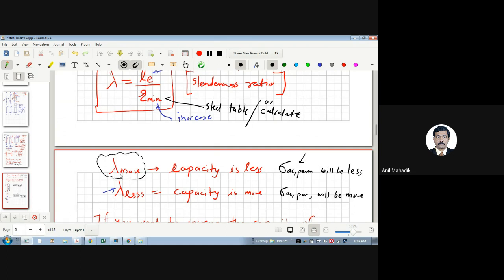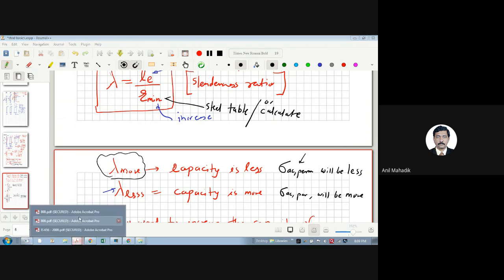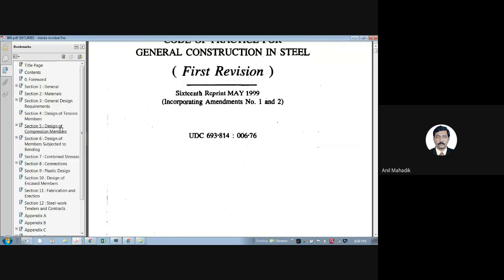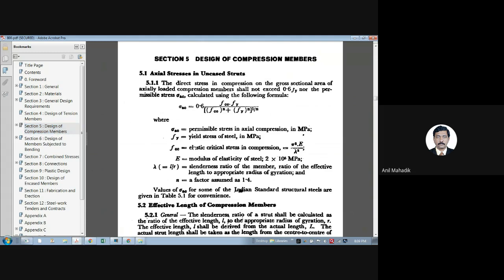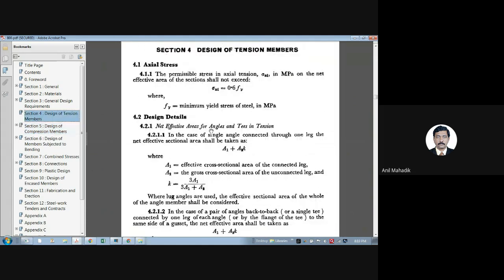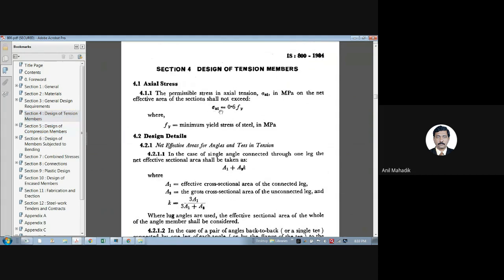So you might have seen our IS code, IS 800 now. It is for design of members. And somewhere in this, design of compression members. We have already seen for axial stress in tension, this is design of tension members, we have taken the permissible stress as 0.6 Fy.